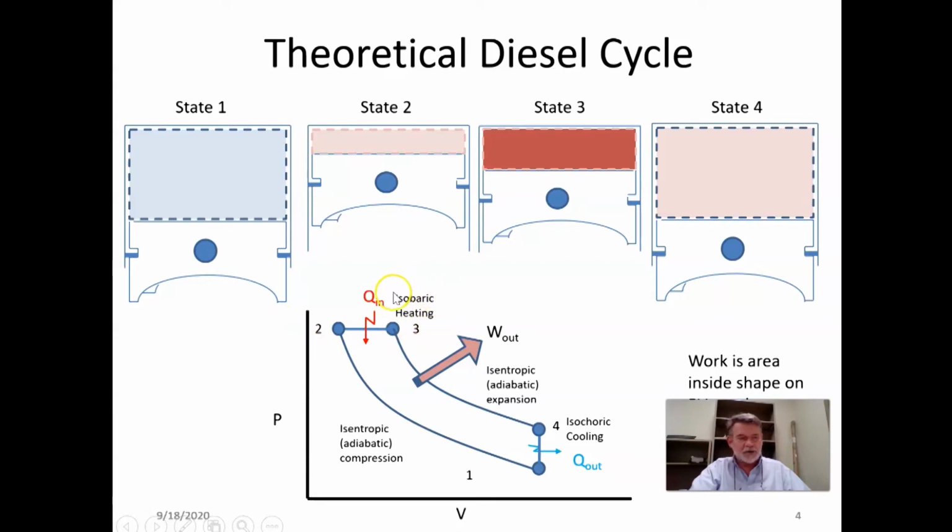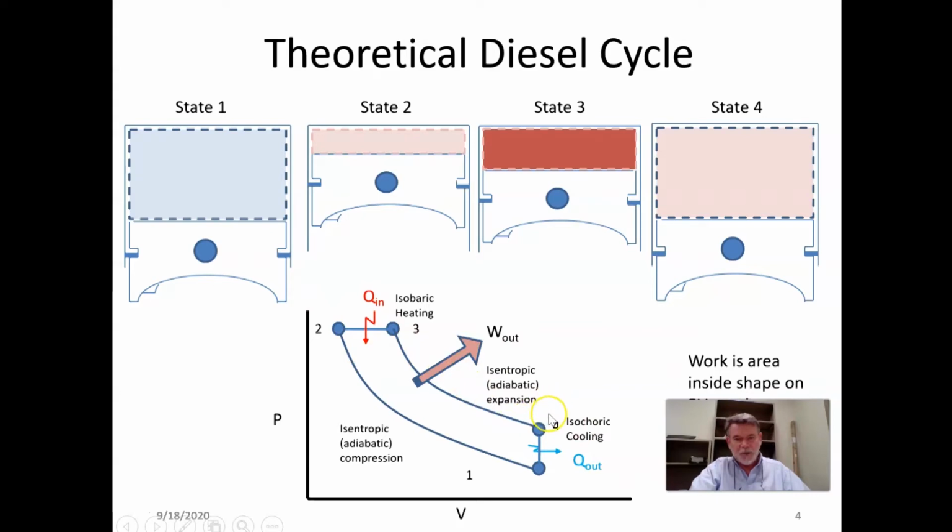which is isobaric heating. Isobaric means constant pressure. And then state 3, this is the expansion of gas. So after the fuel injection happens, the fuel is burning, causing an expansion. And this expansion is considered also adiabatic, which is no heat transfer. And so it's following this line.